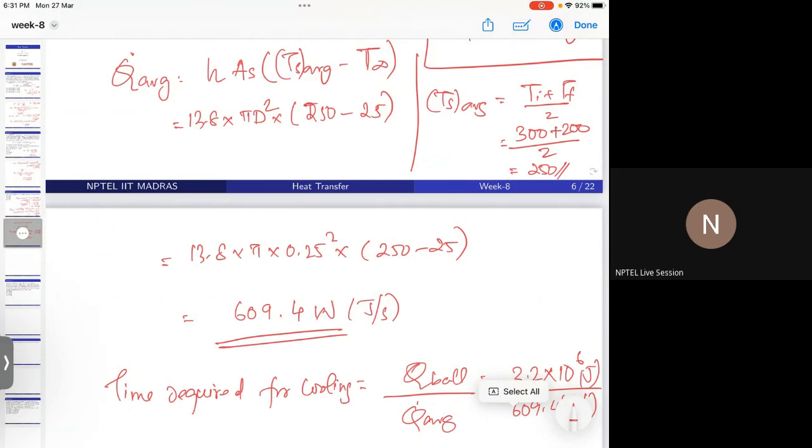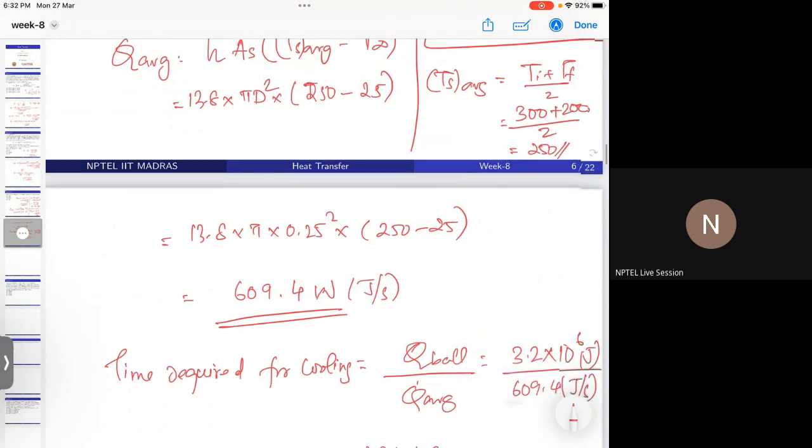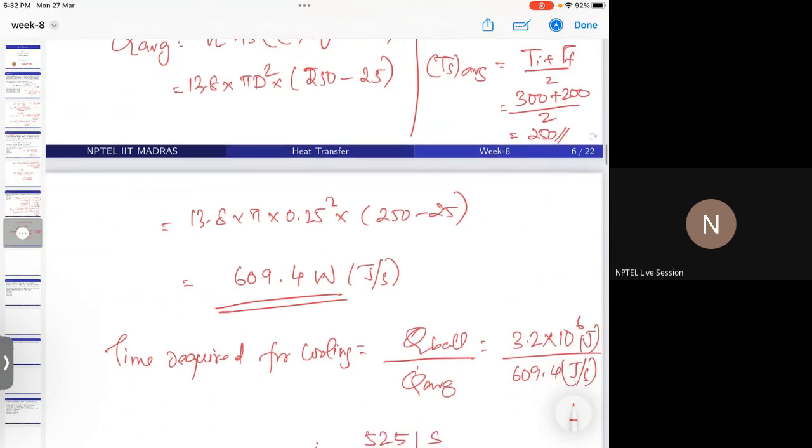what will be the Q? Can you do a rough calculation? Can you please repeat?